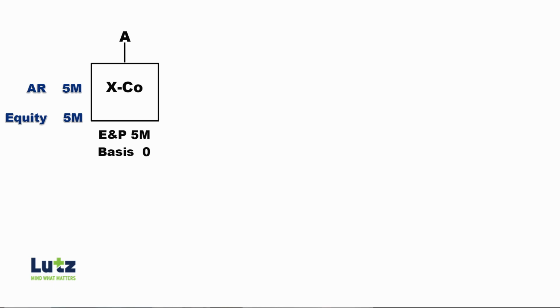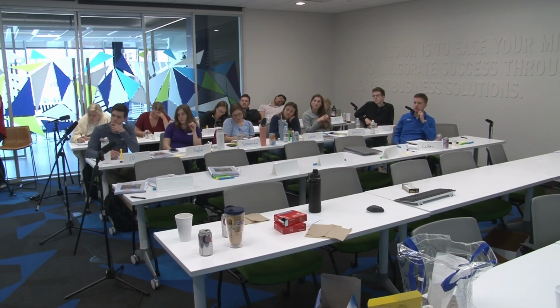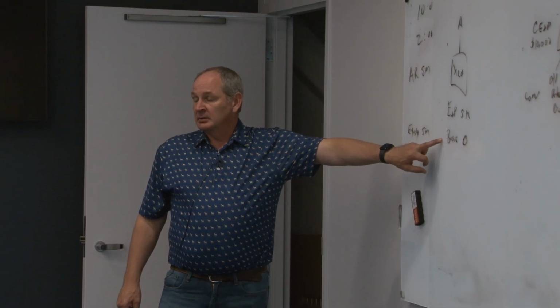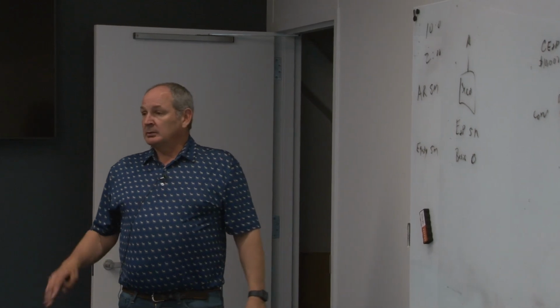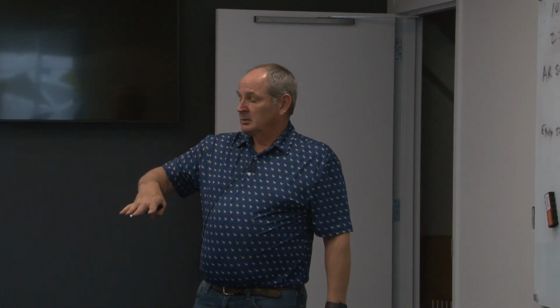So let's pretend for a second that Exco started with zero, because I put zero in it. So that makes sense. So in year one, Exco does a contract with Lutz.